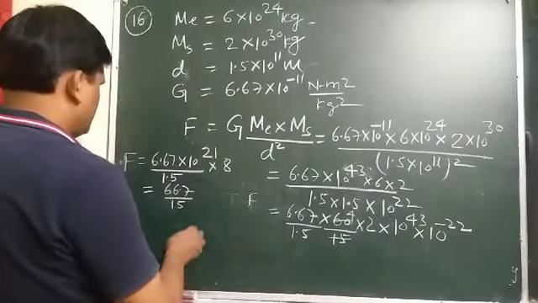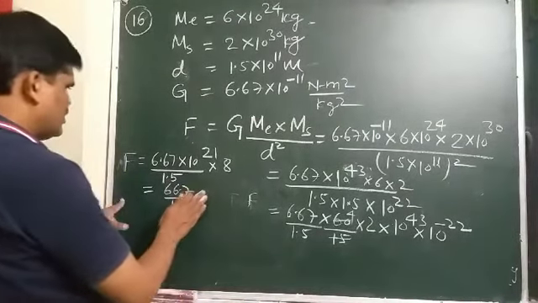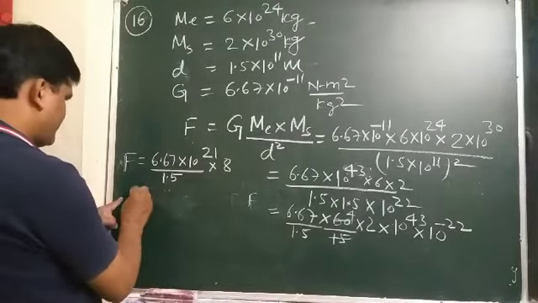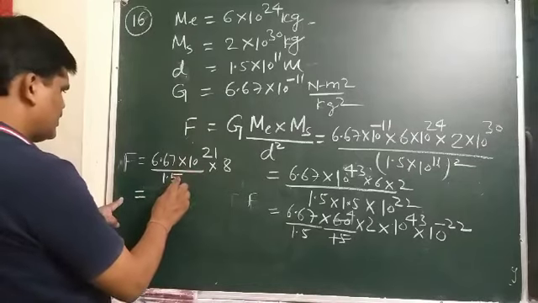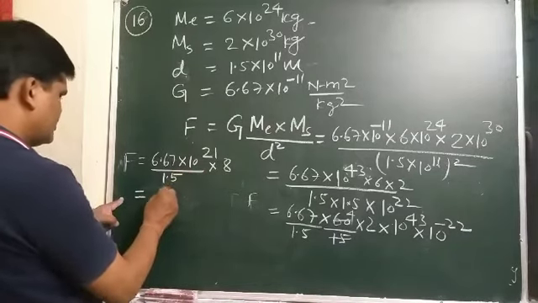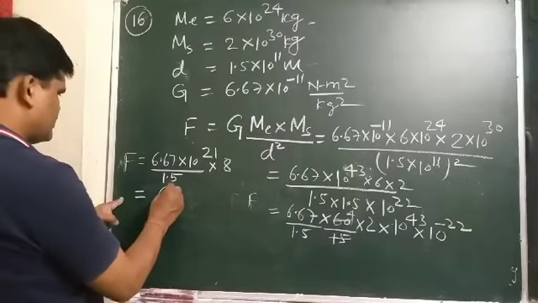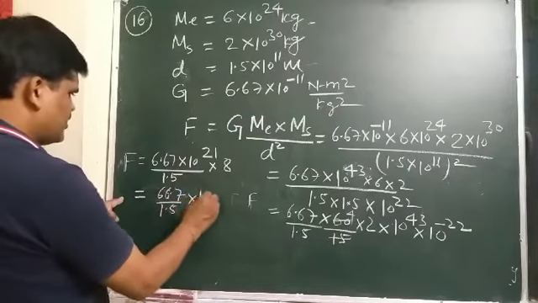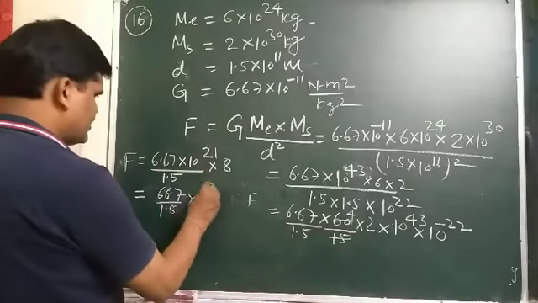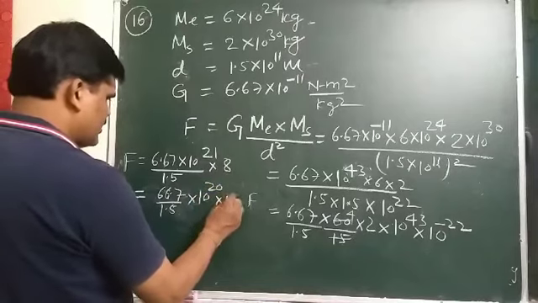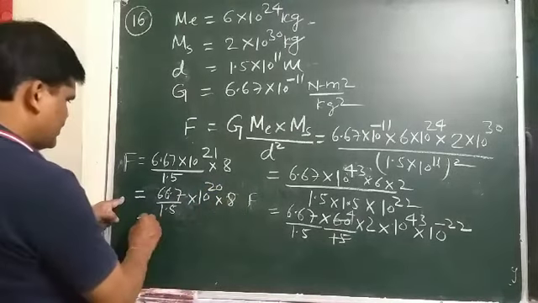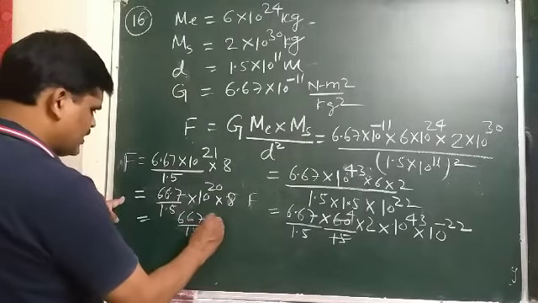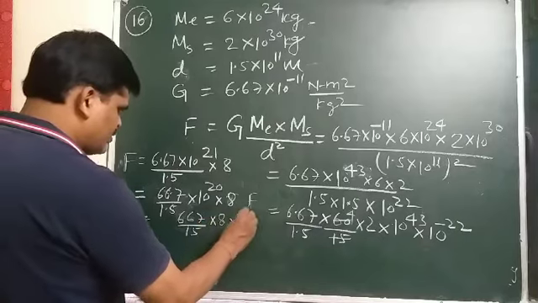Or it can be written as students 8 7 ja, or it can be written as 66.7 by 1.5 students, and it can be written as what? This will be 20 into 10, 20 into 8, and this cancels out, 667, this decimal cancels out, 15, and that is 8 into 10 to the power 20.